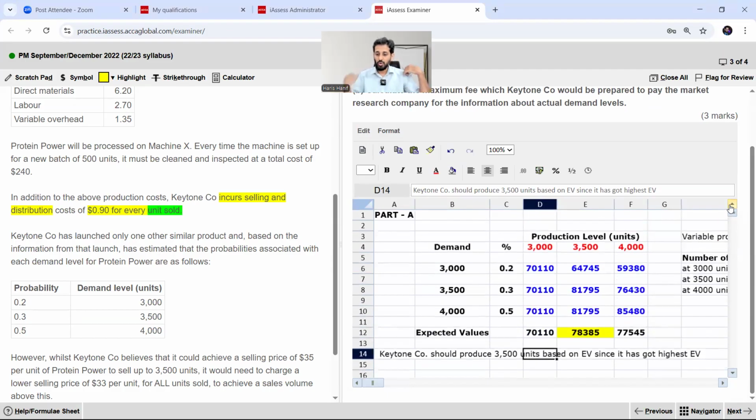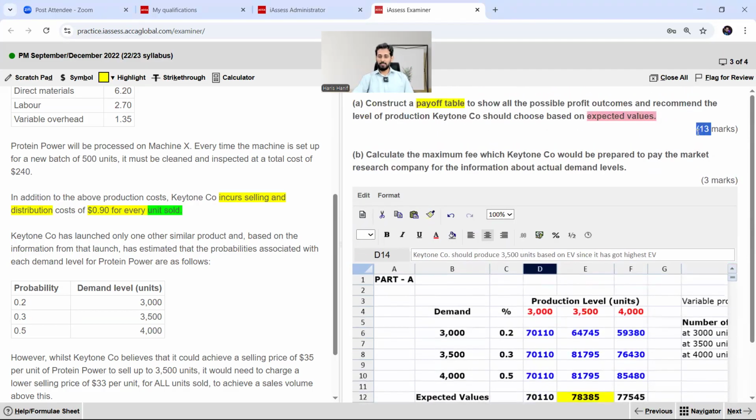Okay, students. So for part A, now we got complete 13 marks. Congratulations. Now part B, calculate the maximum fee which Ketone company would be prepared to pay the market research company for the information about actual demand level.